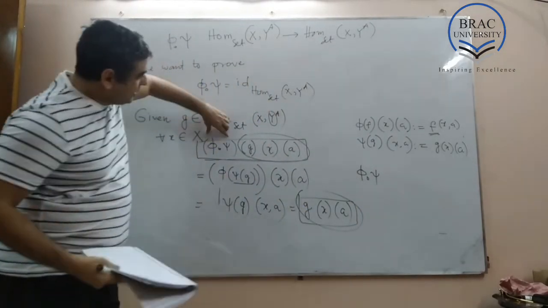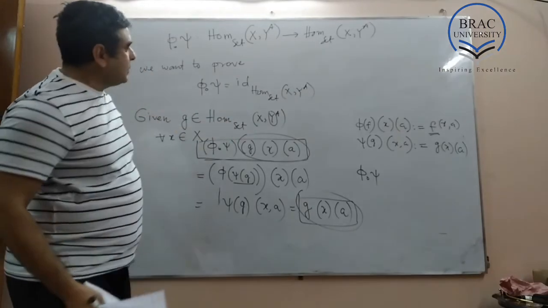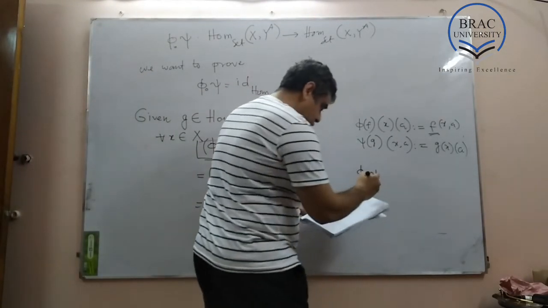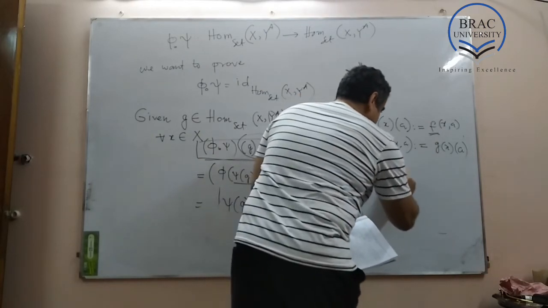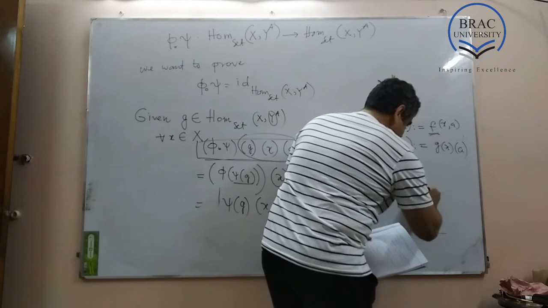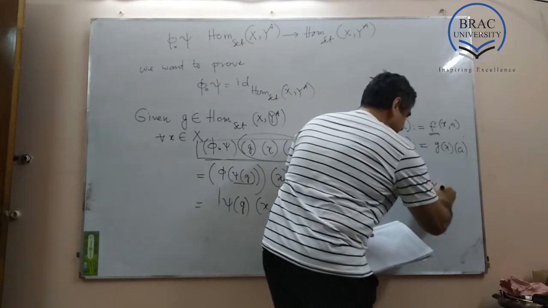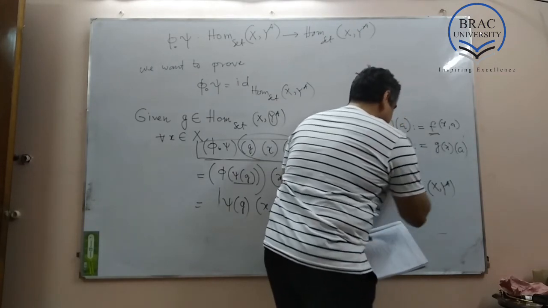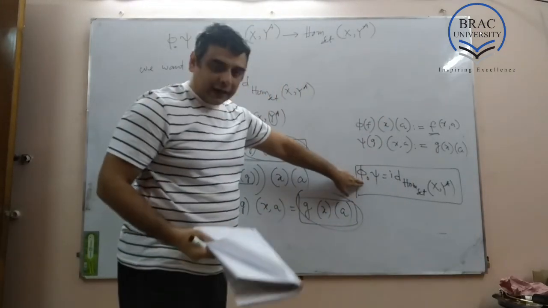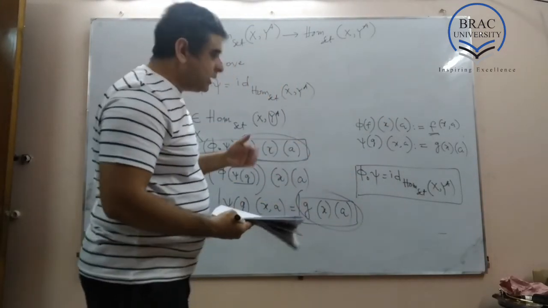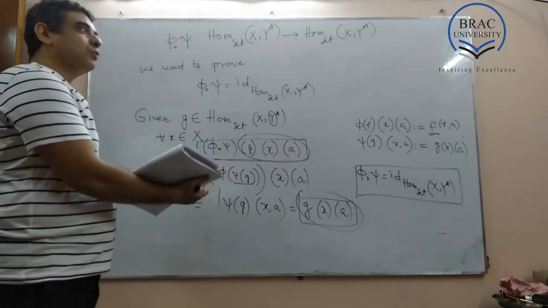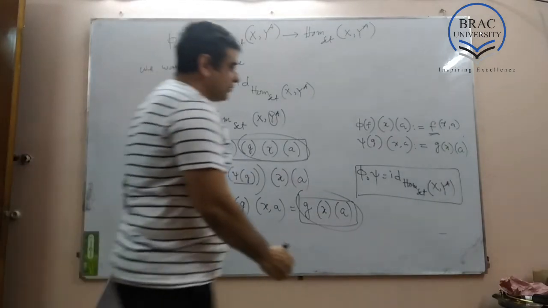So phi composed with psi is indeed the identity map on this home set, which establishes the fact that psi is indeed an inverse of phi. That way we prove that the starting two home sets were isomorphic to each other. This completes the proof. Okay?